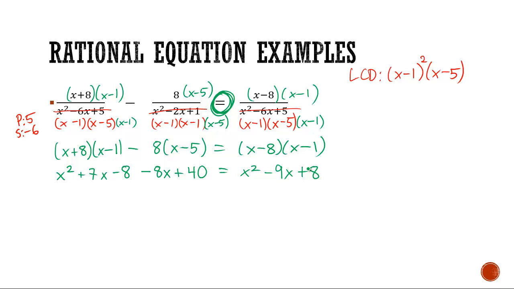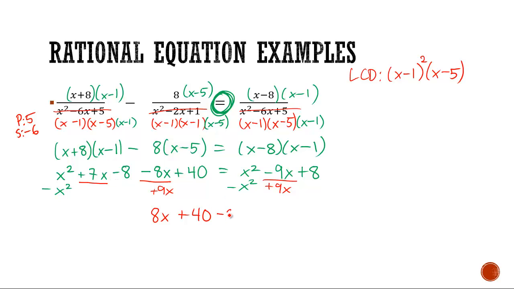So let's get everything to one side because we've got squares. Oh, but wait, these squares actually disappear when we subtract them. They're 0. So we've got positive 7x minus 8x. So 7 minus 8 is negative 1, but then we're going to add the 9x. So that is now 8x. And let's just write everything else.